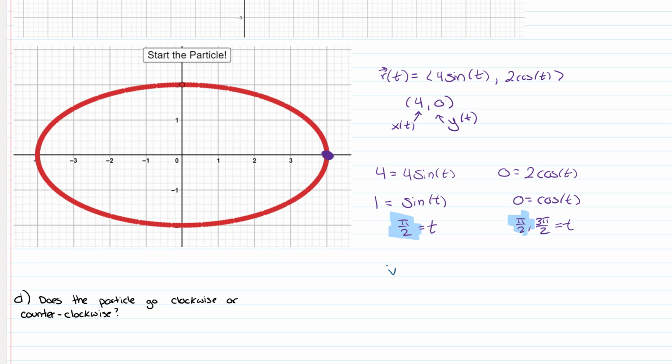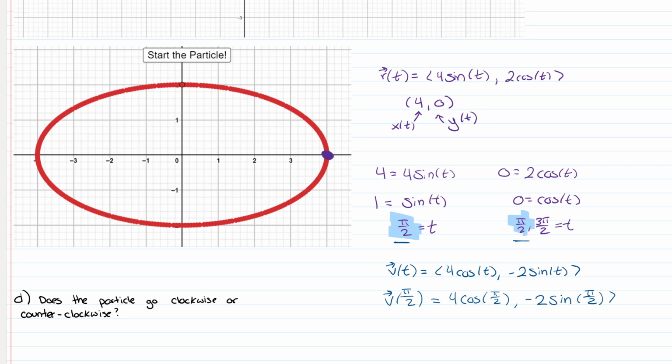So I have my velocity vector is 4 cosine of t, comma, negative 2 sine of t. So then I'm going to plug in this pi over 2. So my velocity at pi over 2 is 4 cosine pi over 2, comma, negative 2 sine pi over 2.